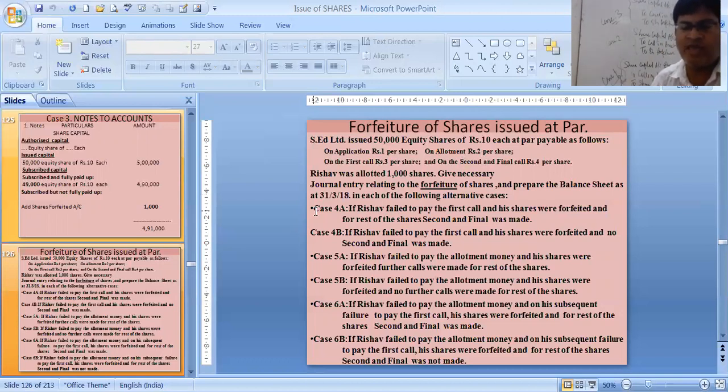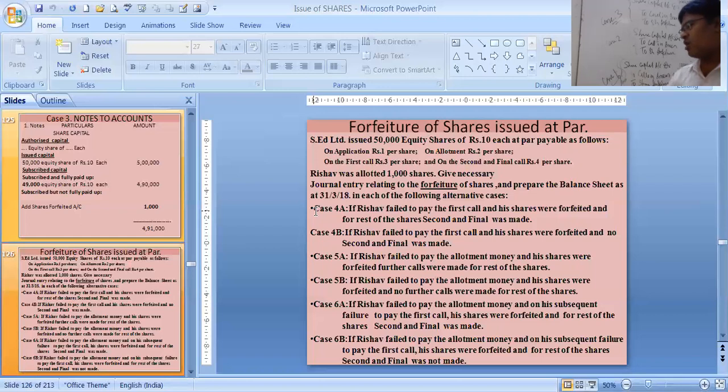That means before making the second call, we are forfeiting only his shares, and for the rest of the shares we are making the second call. What will be the journal entry for this forfeiture of his shares? We are not concerned about all other journal entries. All other journal entries will be similar, but only Rishabh's forfeiture journal entry. Rishabh was allotted 1,000 shares and his shares are forfeited after the first call.